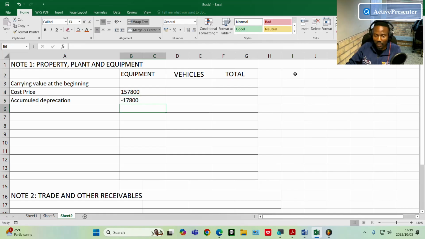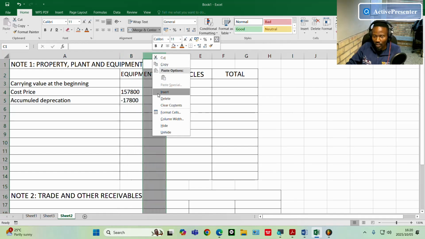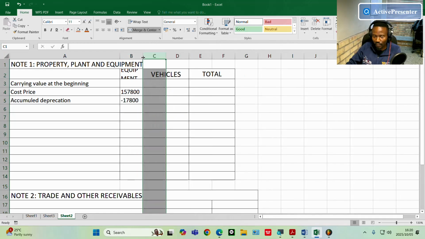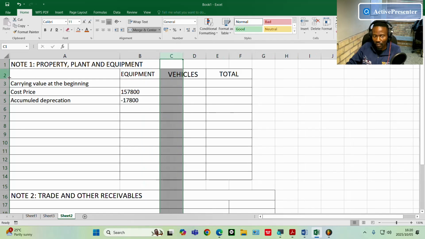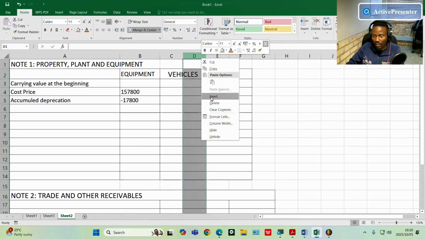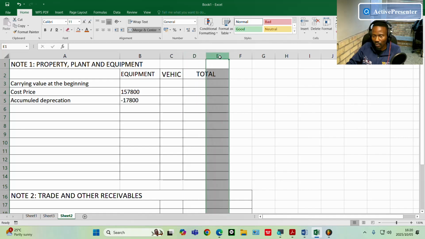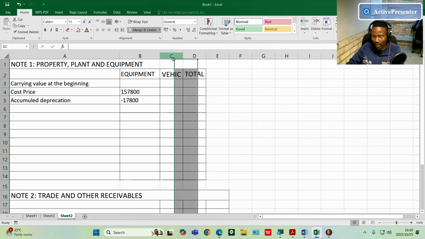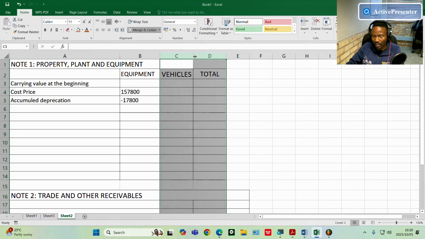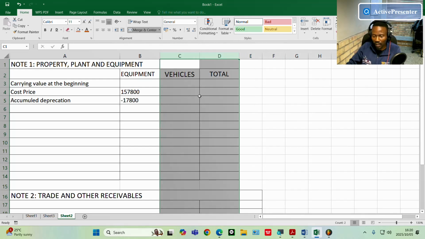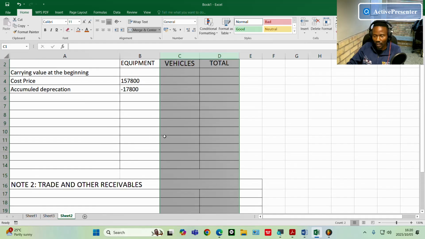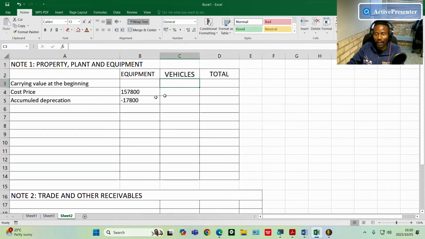Please note every amount that I put as a negative, you are supposed to put in brackets. Okay. So this is the cost price at the beginning, and this is the accumulated depreciation at the beginning.